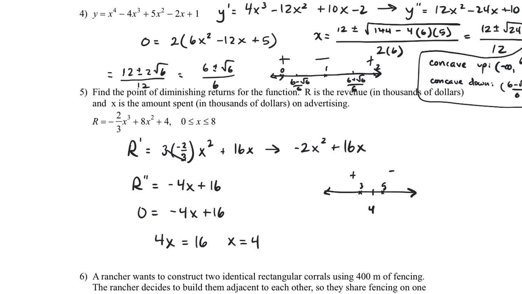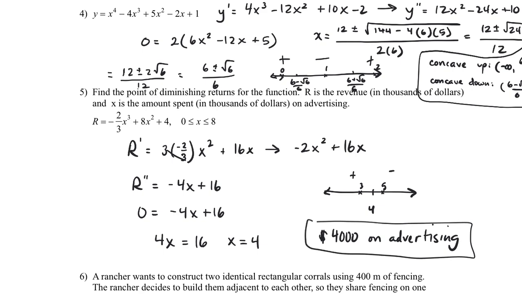That's the point of diminishing returns. And that's when you have $4,000 spent on advertising. So $4,000 on advertising would be the max you would want to spend. After that, you can see it switches to concave down, meaning you have decreasing returns. So $4,000 would be the point of diminishing returns for this revenue function.